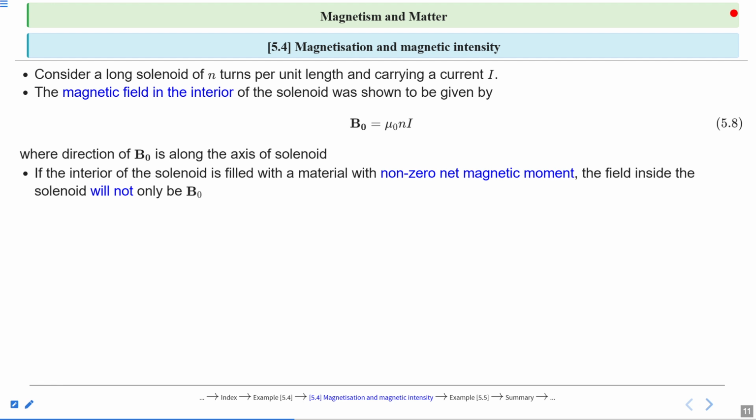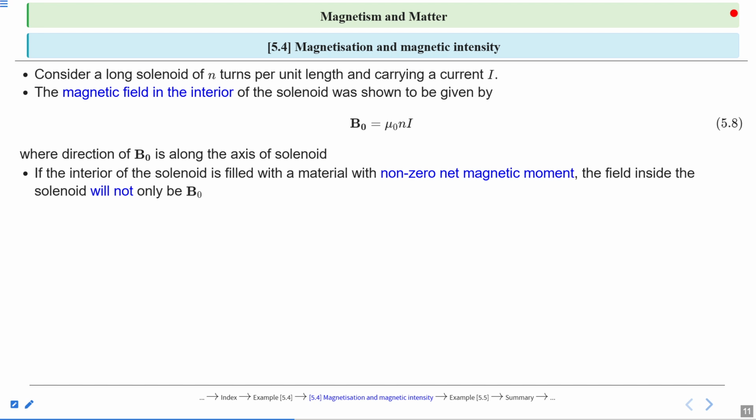Now we are going to study this. Core and interior mean the same thing.